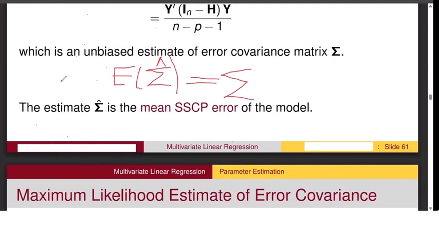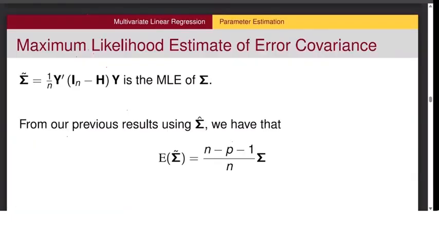Then you remember that I also walked you through the maximum likelihood estimate of the error variance for a single response. We're also going to have it for multiple response variables, but in that one, it is biased. Look at that. Because the expectation of the maximum likelihood estimate is not going to be equal to the true value of the parameter.